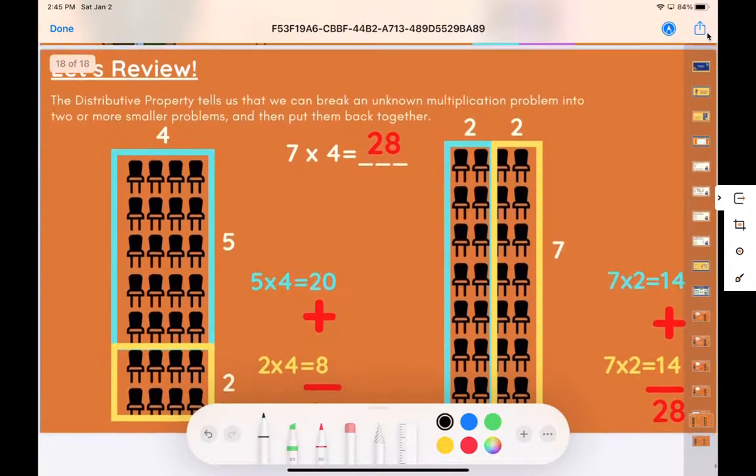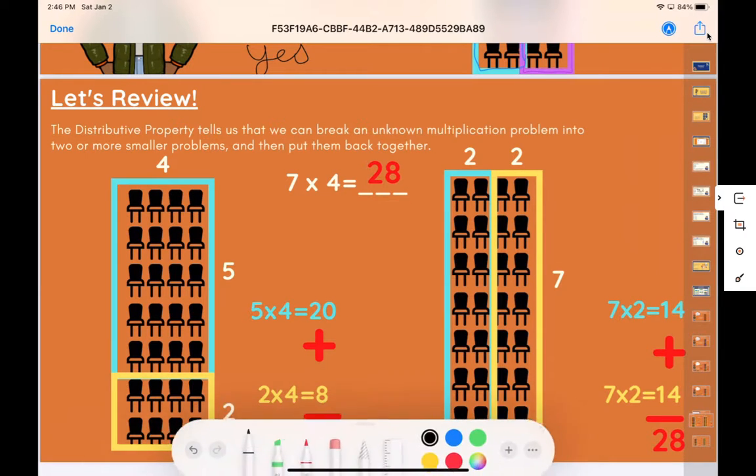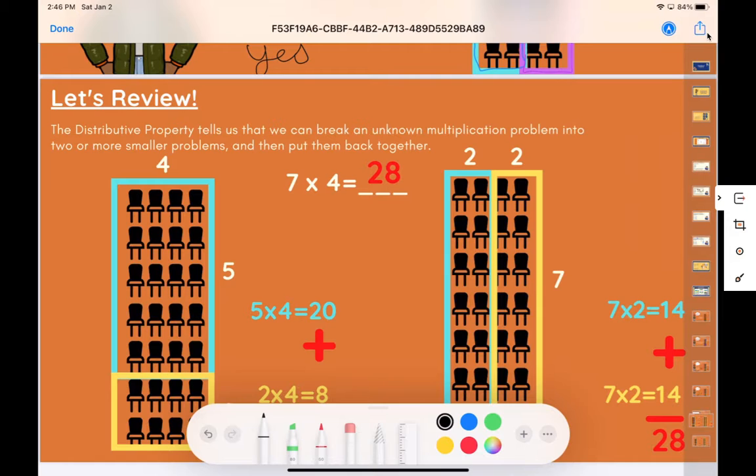All right. Well, let's review what we learned today. The distributive property tells us that we can break an unknown multiplication problem into two or more smaller problems, and then we can put them back together. When Maria solved her problem, she broke apart her array into a 5 by 4 and then a 2 by 4.